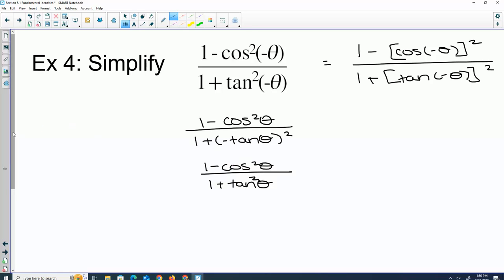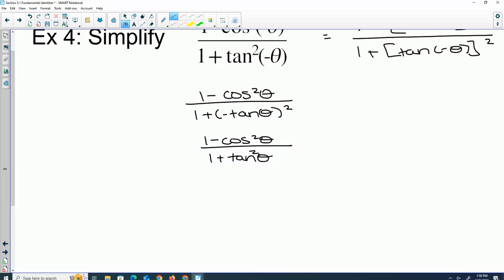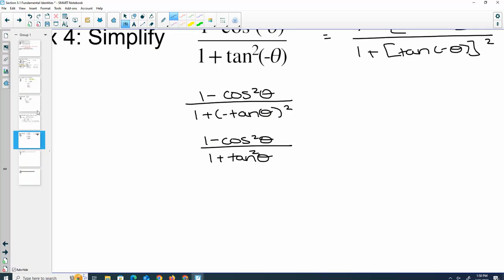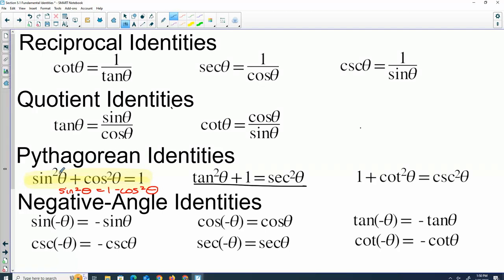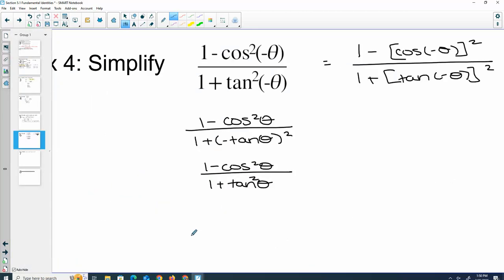Alright, look at your formulas. Whenever I have squares, I'm looking at those Pythagorean identities. 1 minus cosine squared. What is 1 minus cosine squared equal to? It's what we had when we manipulated this first one. 1 minus cosine squared would be the same as sine squared.